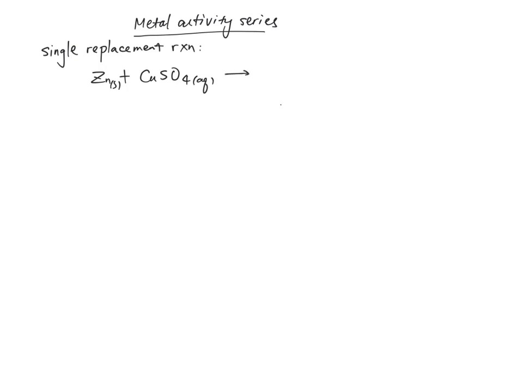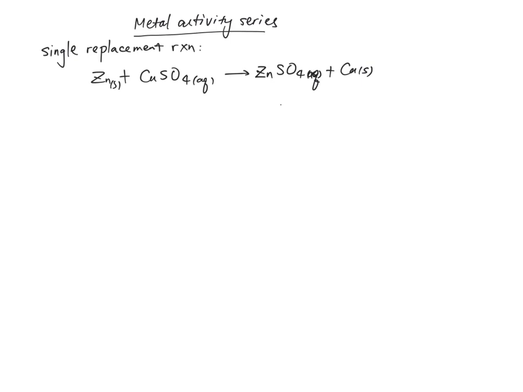Okay, continuing from last lecture. We were on the topic of the metal activity series, and we discussed the type of single replacement reaction where zinc as a metal can go into a solution containing copper ion, reacting with the solution, turning itself into a positive ion in the solution, while throwing copper out as a free element metal.